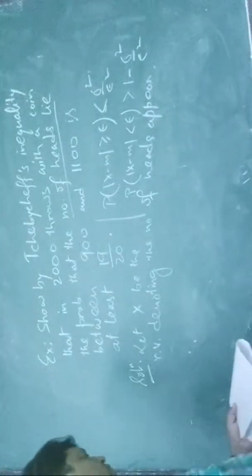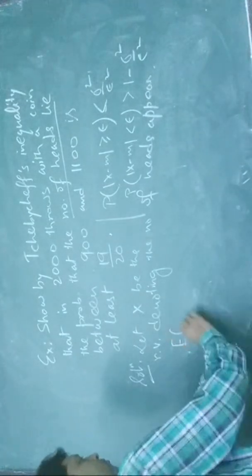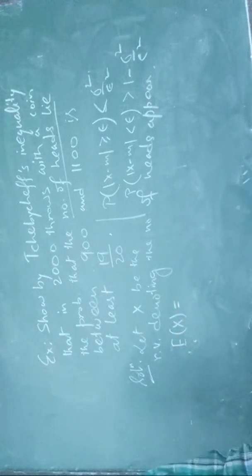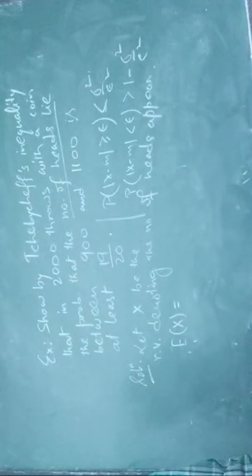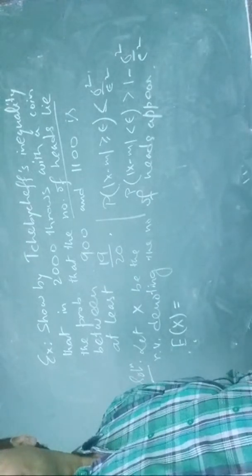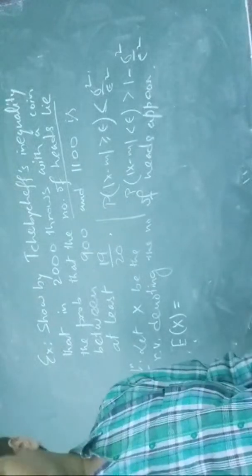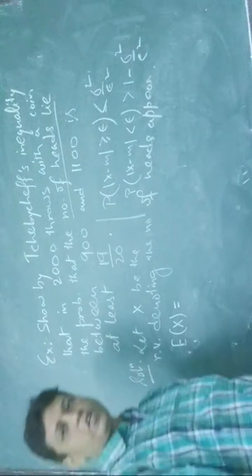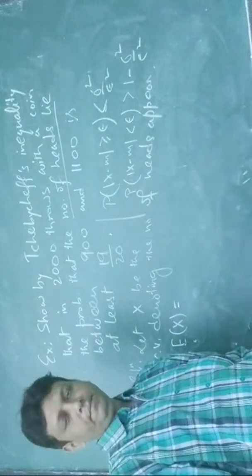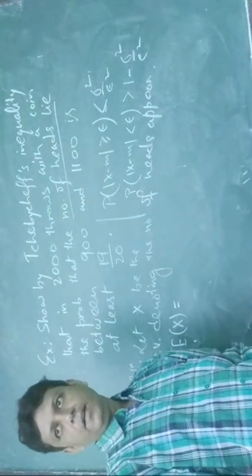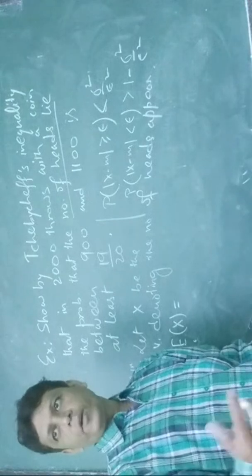So what is your expectation of x? Binomial, so NP, n is 2000 and probability of success is always half.